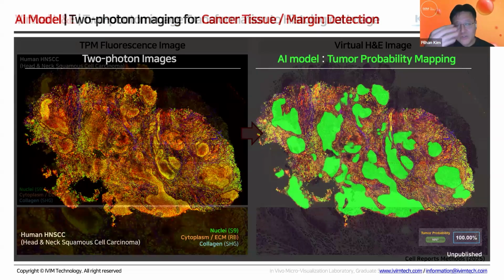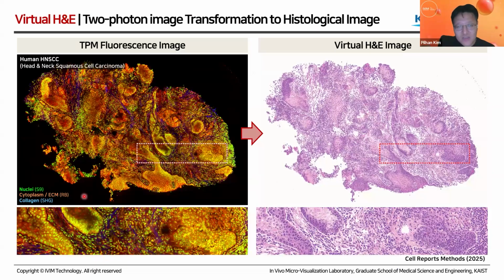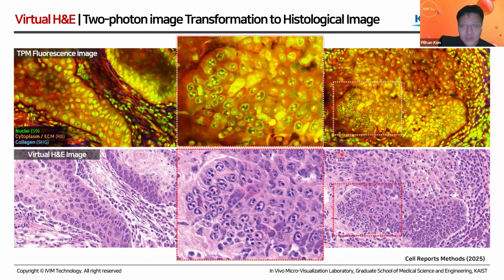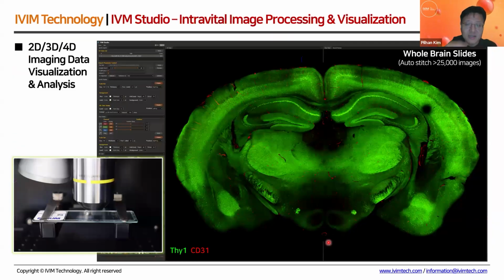We can also change our image into a different style, like conventional H&E images. So this two-photon image can be transformed into a more conventional H&E image like this one.